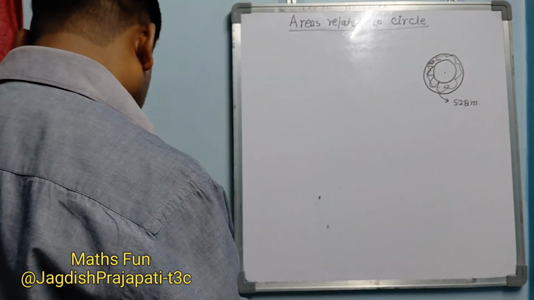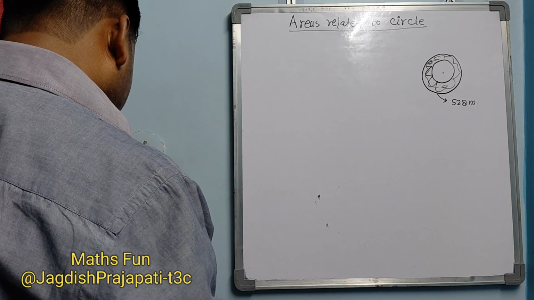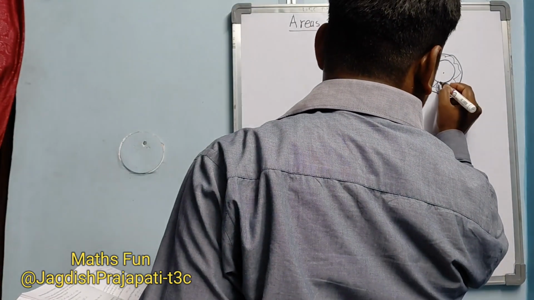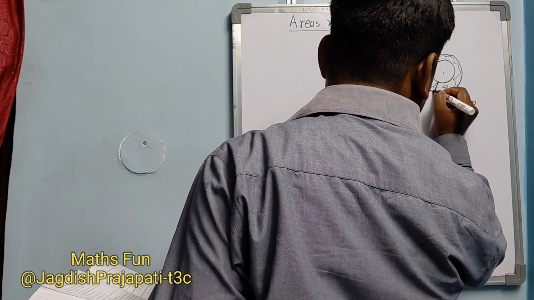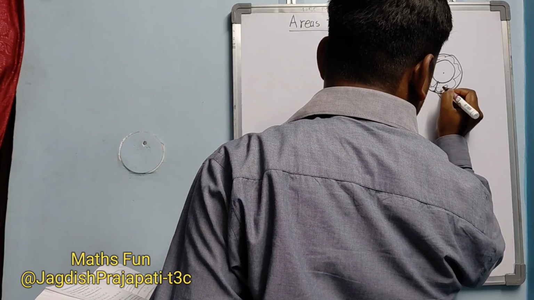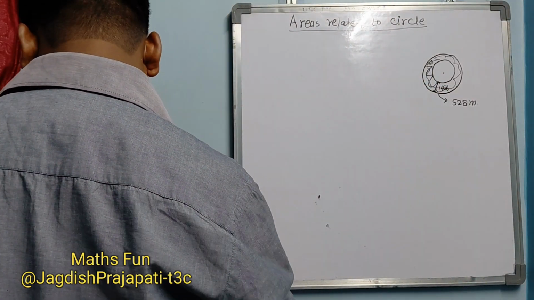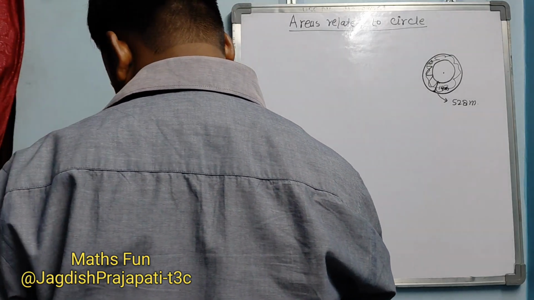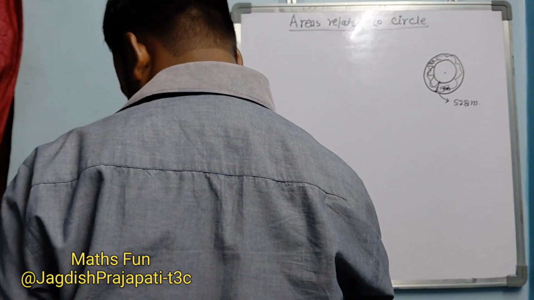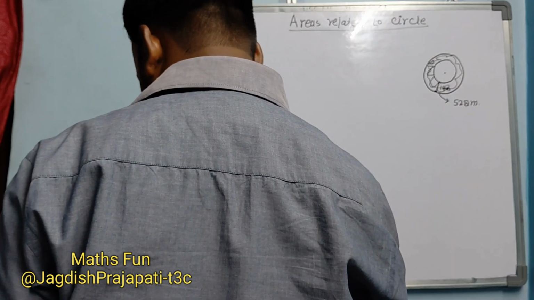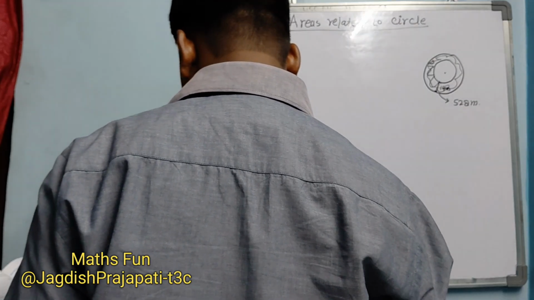It is given. The track is everywhere 14 meter wide, and the width of the track is 14 meter. Calculate the cost of leveling the track at the rate of 50 paise per square meter.